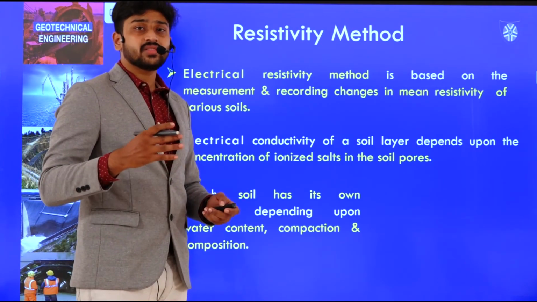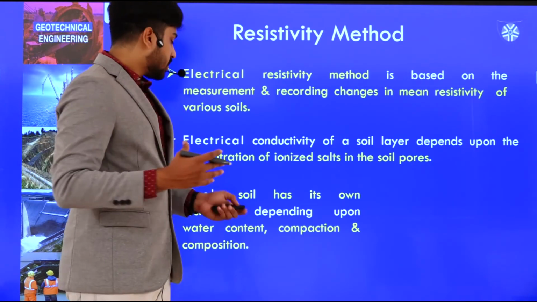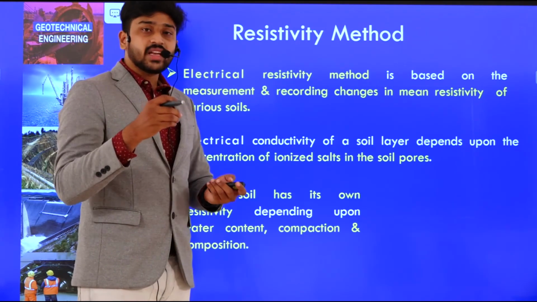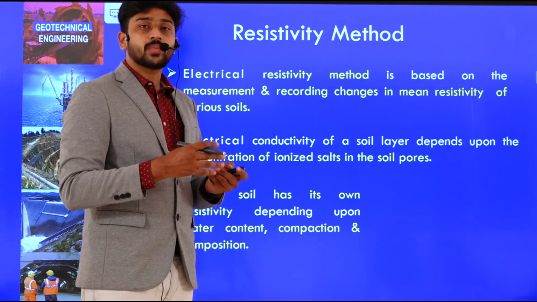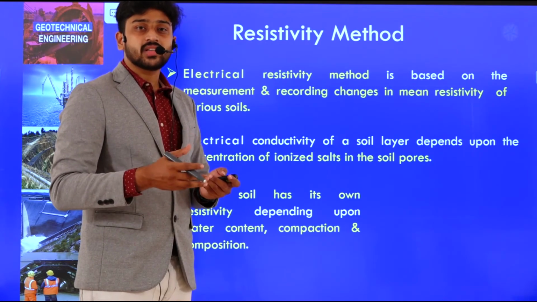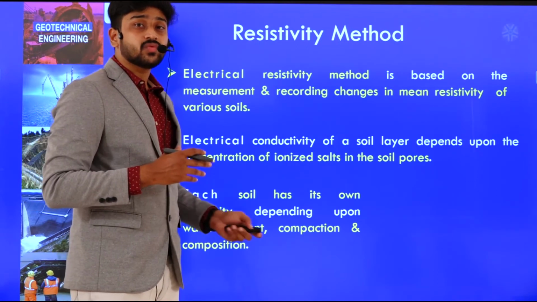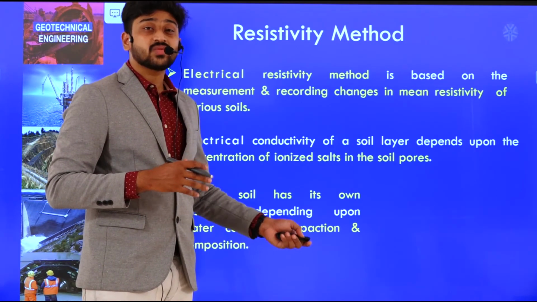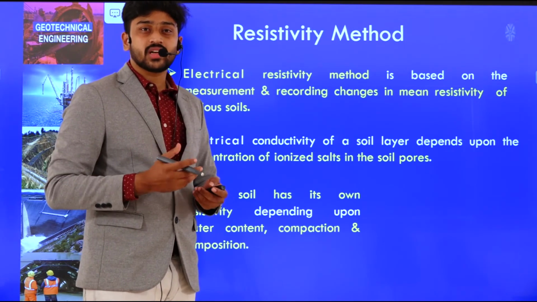Whenever we are passing any current through it, we can understand the resistivity of that particular type of soil, and we can understand what type of soil is present at that particular level. So this varies with the water content that is present, the compaction of the soil, as well as the composition of the soil.